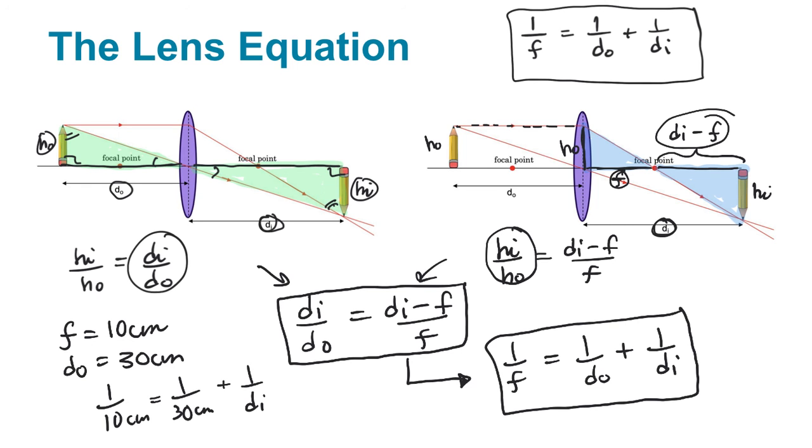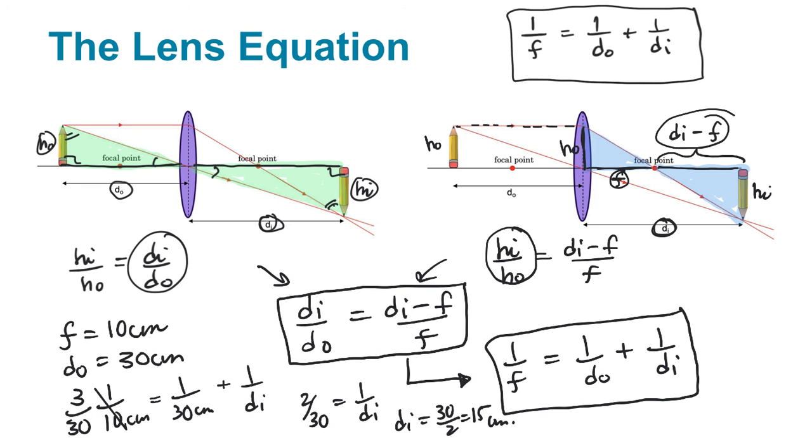And then 1 over 10 we can write as 3 over 30. And then 3/30 minus 1/30 is 2 over 30 is 1 over DI. Therefore, DI is 30 over 2, which is 15 centimeters. And that's how you use the lens equation.